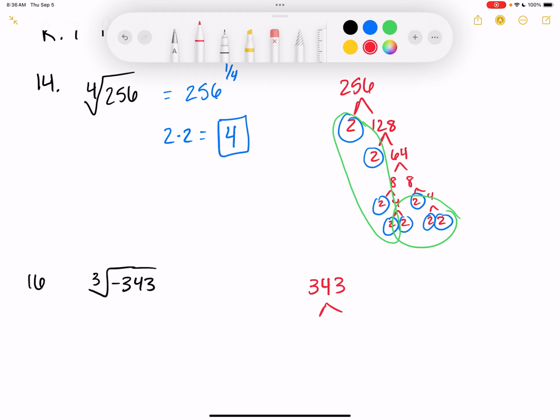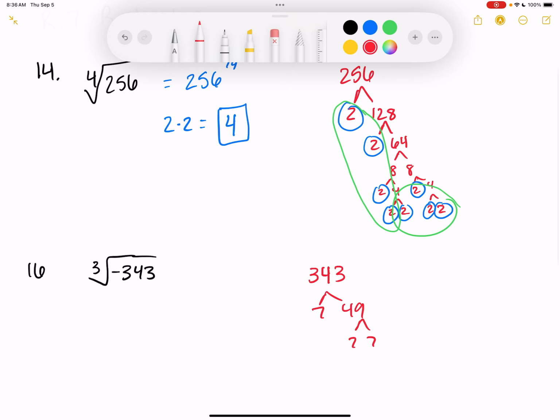So 7 and 49, and then 7 and 7. So I have 3 7s, so I can take that out. But I also need to notice this negative sign in here, so this is actually going to be -7 for that.